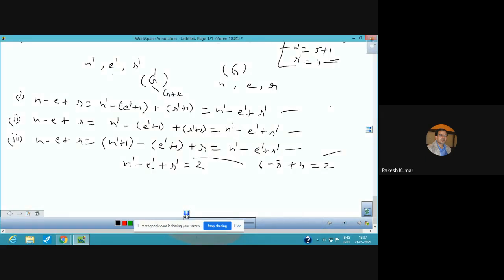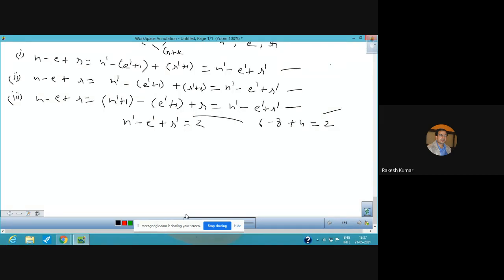So by the method of induction, any plane connected graph G with E edges is of the form G plus K, for some connected graph G with E minus 1 edges.